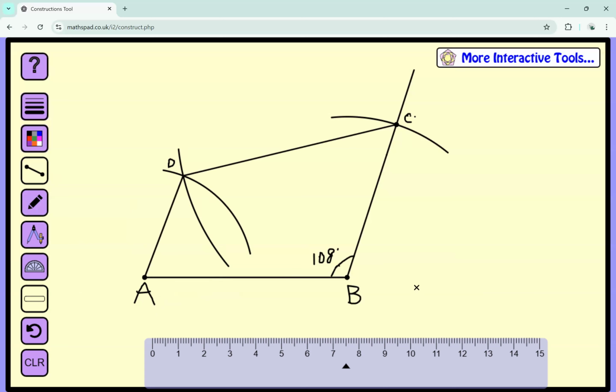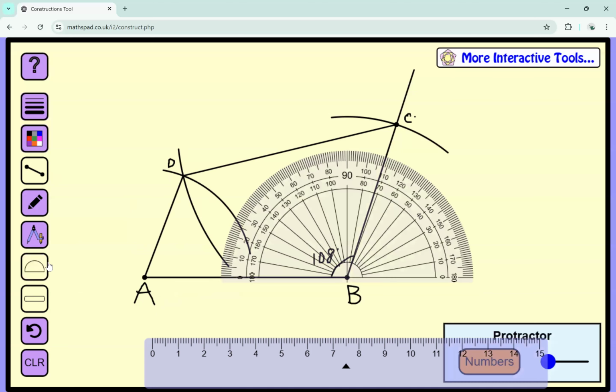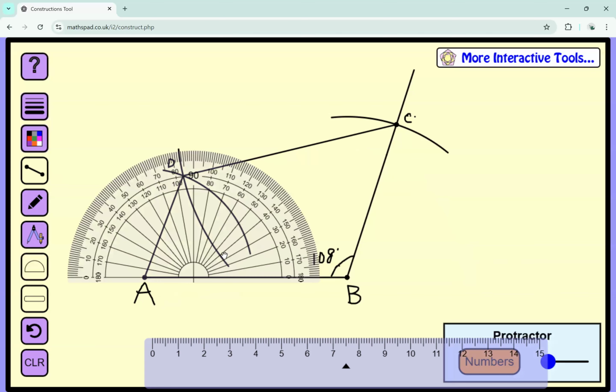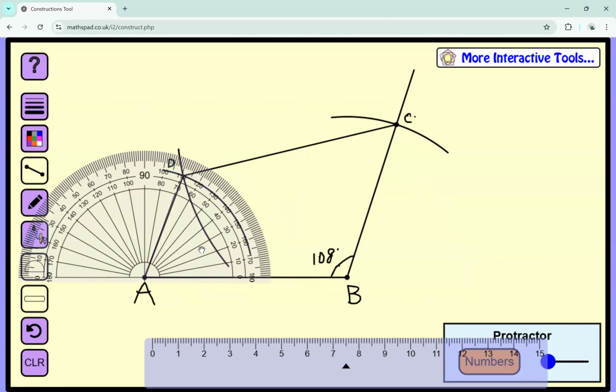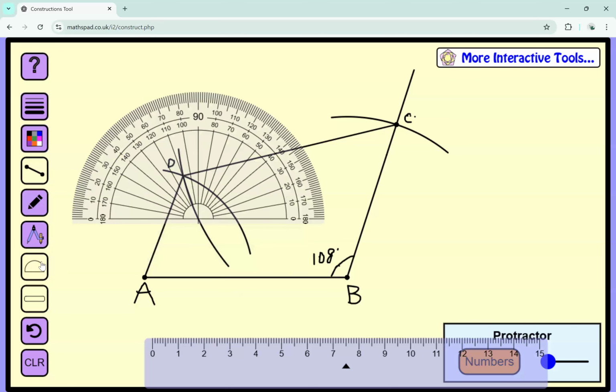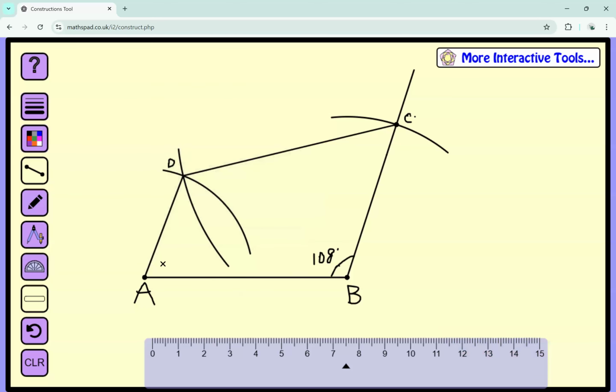The last part of the question, they want us to measure angle BAD. So you just take your protractor and put it over here. This may be slightly different on this construction set, but when I drew it on the paper itself, my answer was 66 degrees.